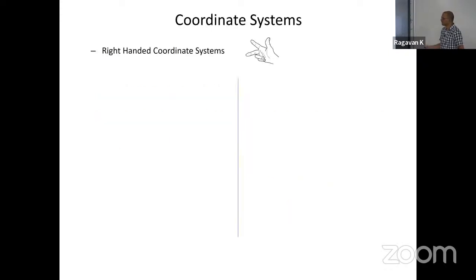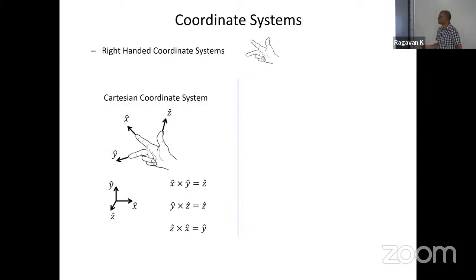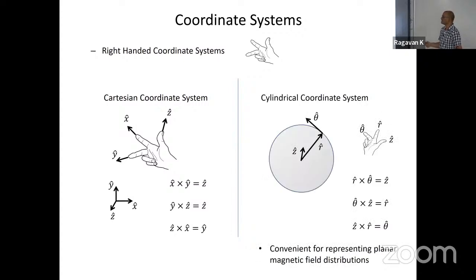Before we get into the math of this, let me quickly introduce the coordinate system that we are going to use. Generally X, Y, Z is used in other domains, but in machines we have planar magnetic fields, so it is easy to represent them in a cylindrical coordinate system. We will be considering a right-handed cylindrical coordinate system.